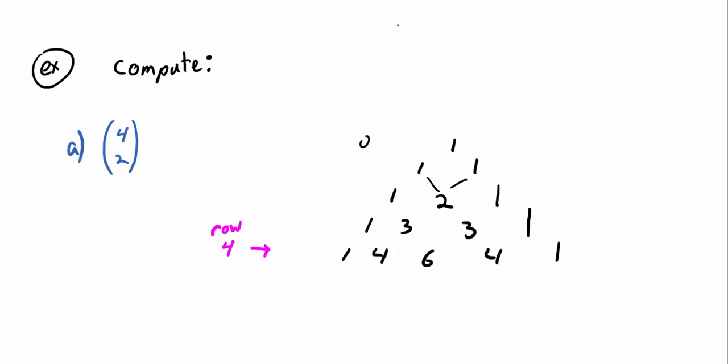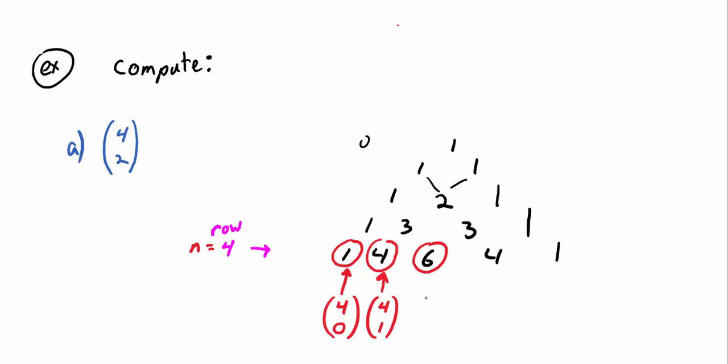So 4, choose 2, just to make it hopefully perfectly clear, n is 4 here in this row. This 1 right here is denoted as 4, choose 0. So this 4 right here is denoted as 4, choose 1. And this 6 right here then would be what? 4 choose 2. So it's equal to 6.